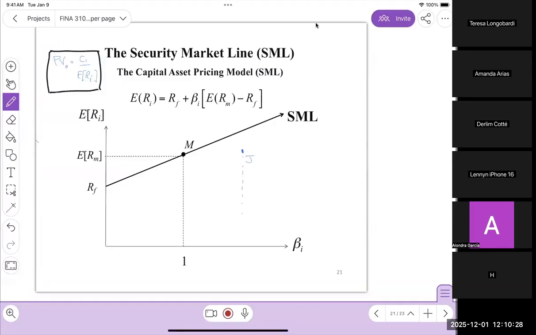So for this level of risk, investors holding J receive this level of return.